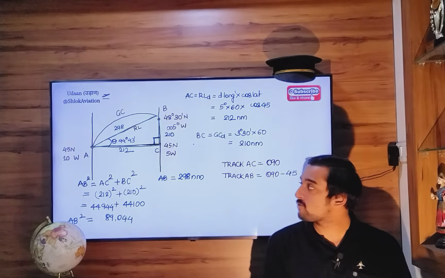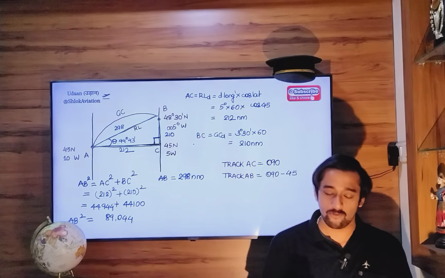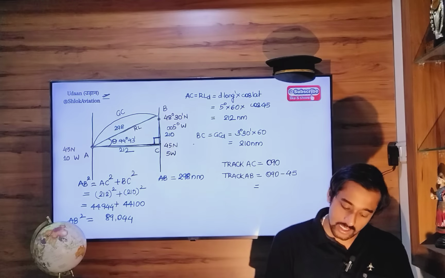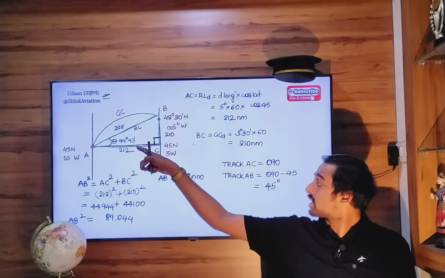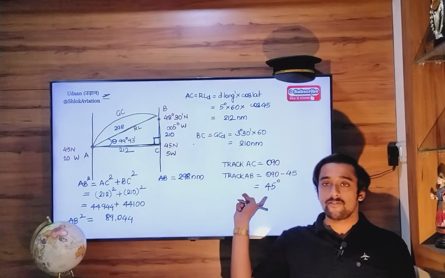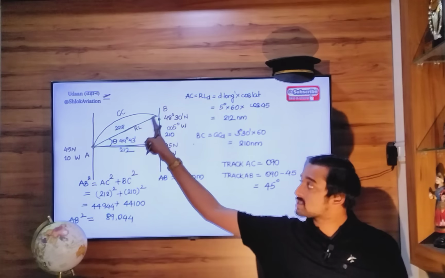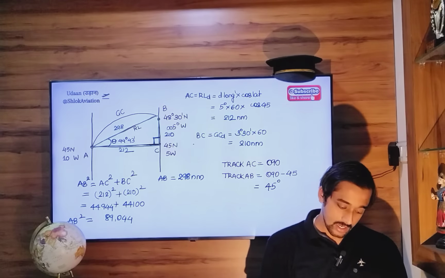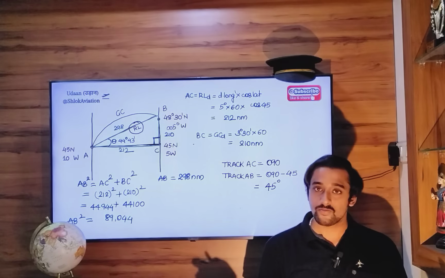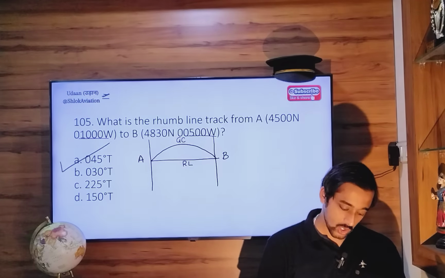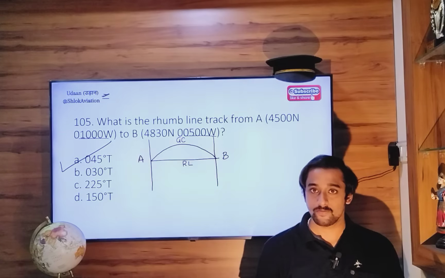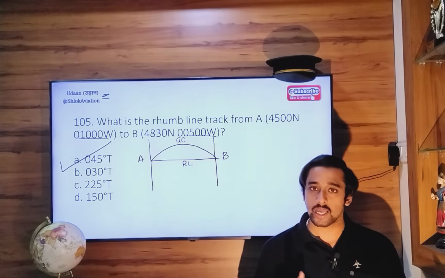Let's consider 44 degrees 43 minutes approximately 45 degrees. So 90 minus 45 is 45 degrees. Track AB is 45 degrees, and track AB is nothing but the rhumb line track. So the rhumb line track direction is 45 degrees. So option A is the correct option. Okay, a little different, tricky question.